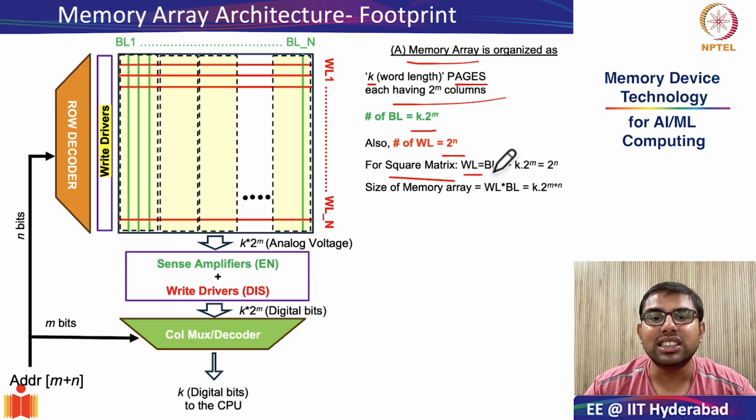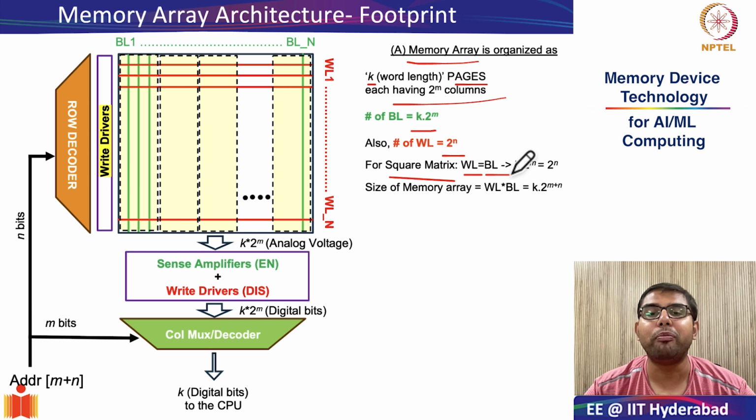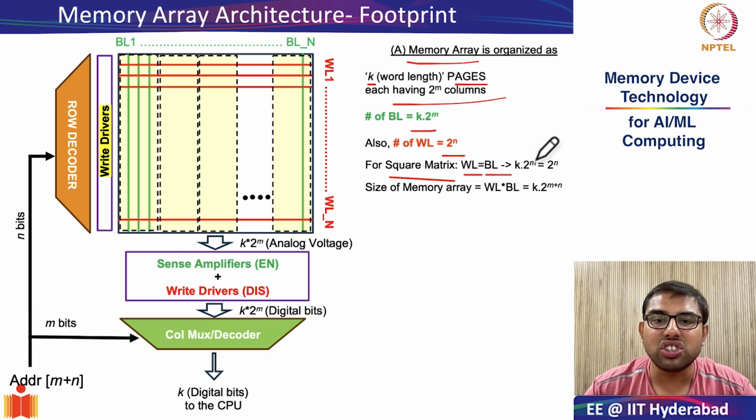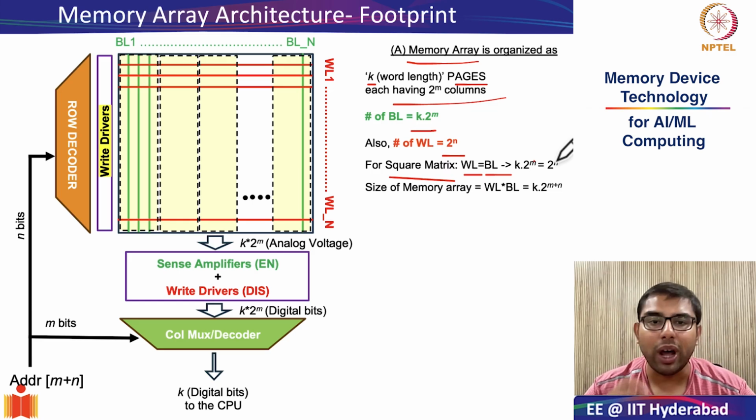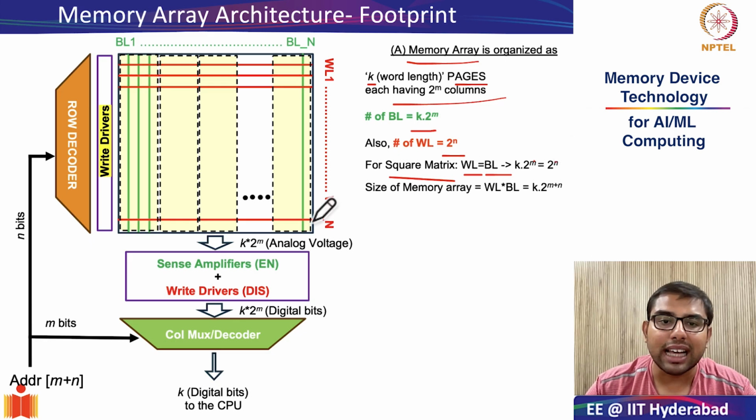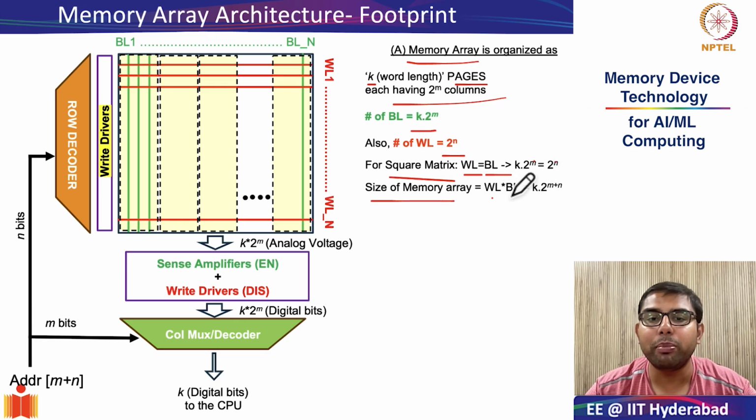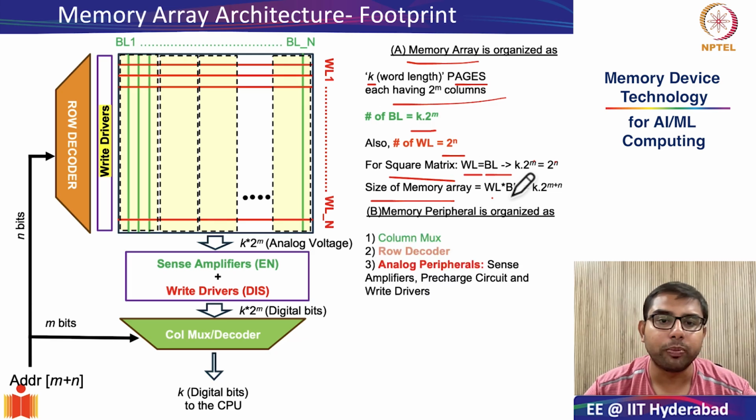The number of word lines is assumed to be the same as the number of bit lines, and that puts a constraint on the values of M and N. Also, since each cross point between a word line and bit line is one memory cell, the size of the memory array is nothing but the number of word lines multiplied by the number of bit lines.